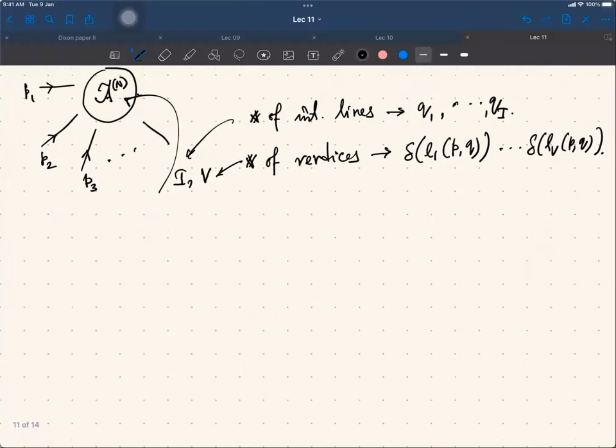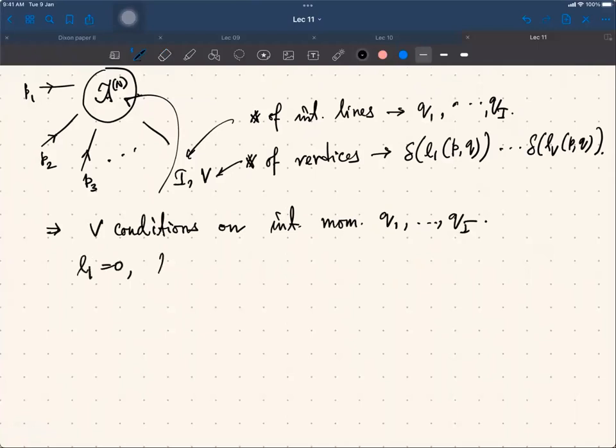So there are V conditions. Apparently speaking, there are V conditions on internal momenta Q1 to Qi, and those are L1 equal to 0, L2 equal to 0, and so on up to LV equal to 0.